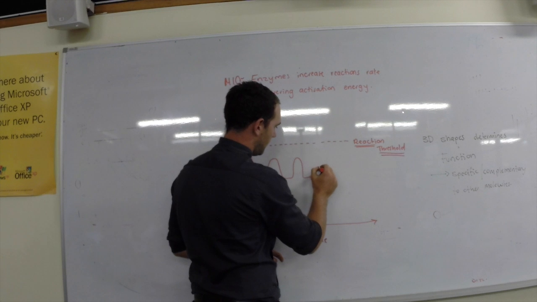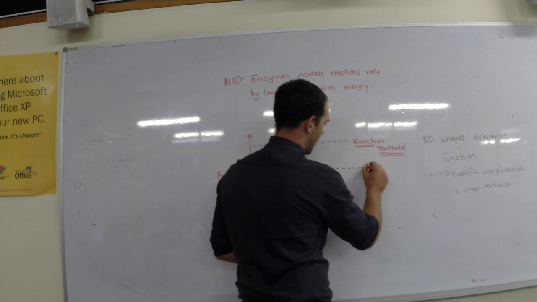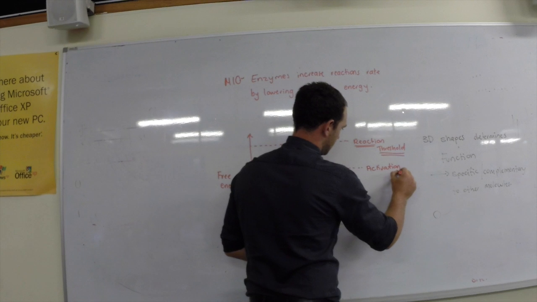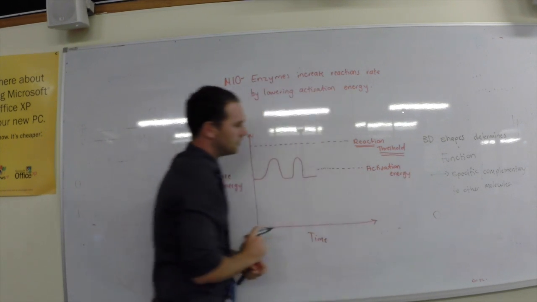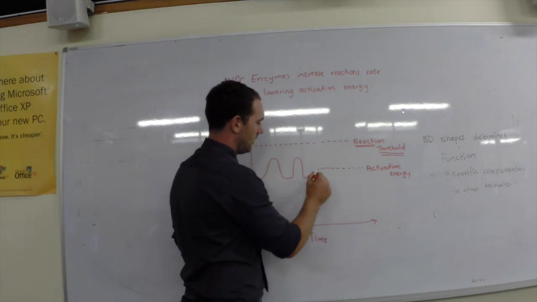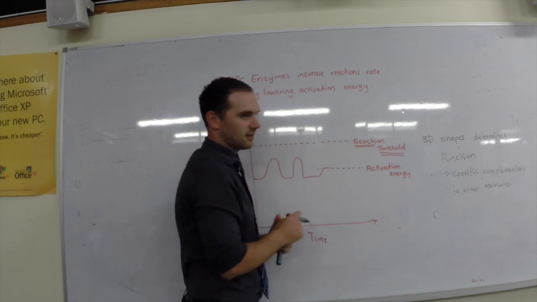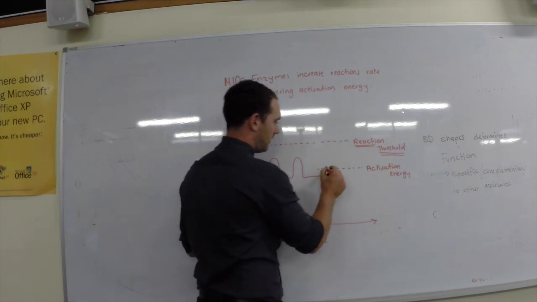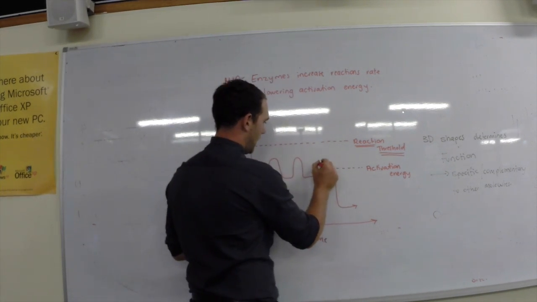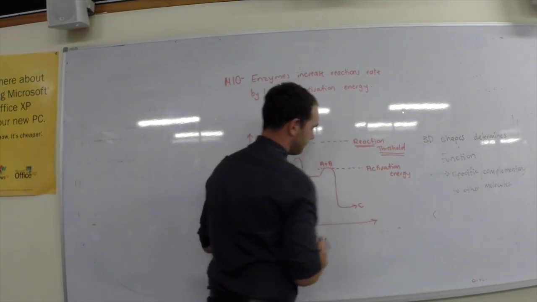What that does is now makes the reaction threshold, or the activation energy, now at this level. So now when we have our molecules interacting, we can meet our activation energy and then react. And we're going to produce, so we might have A and B here, now they react to produce C.